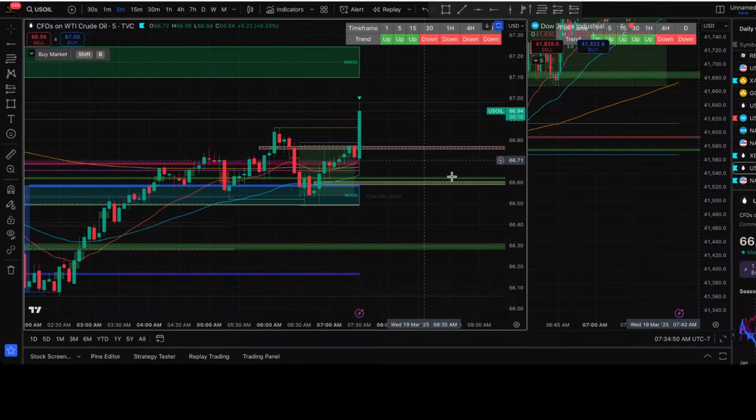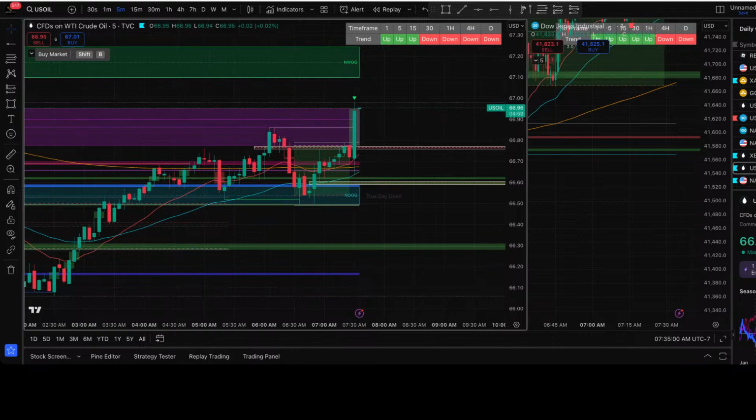Ten seconds left. Okay, so we got a confirmation on oil, and we just got a new purple zone.